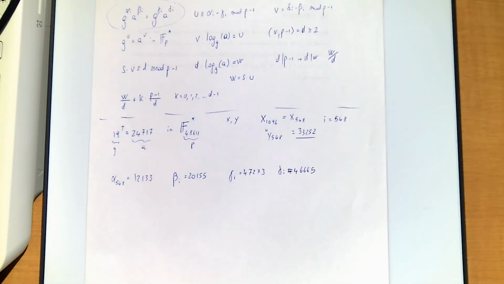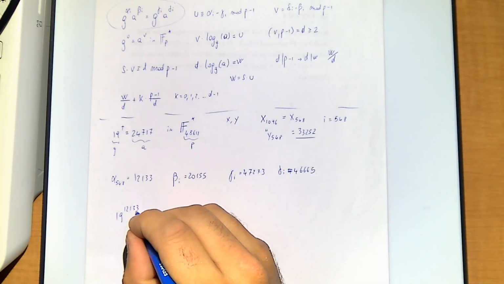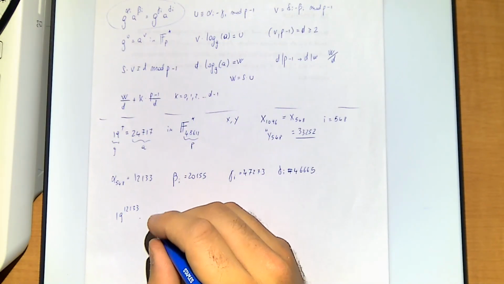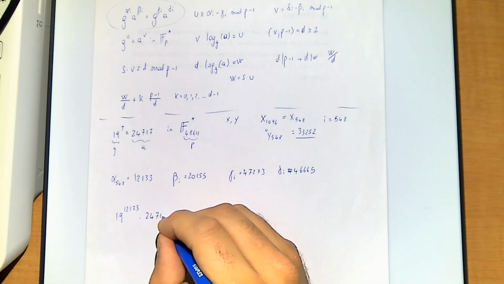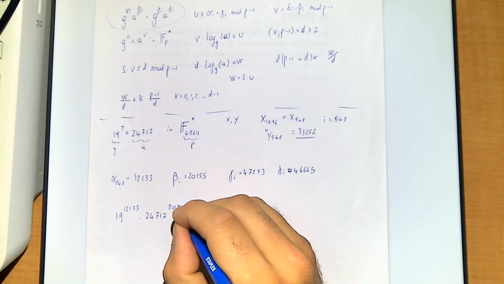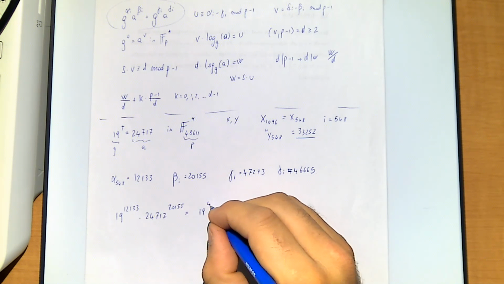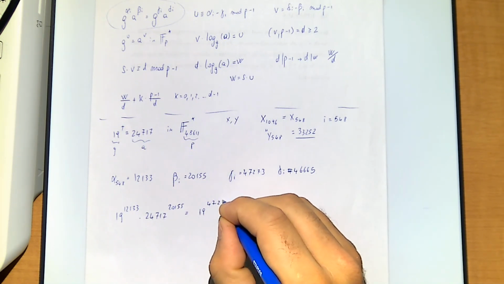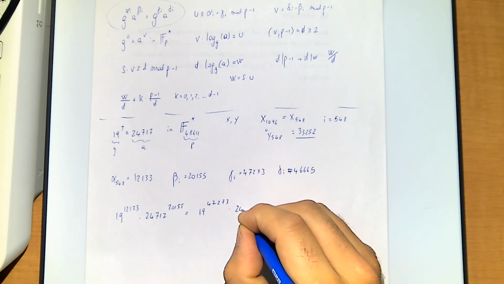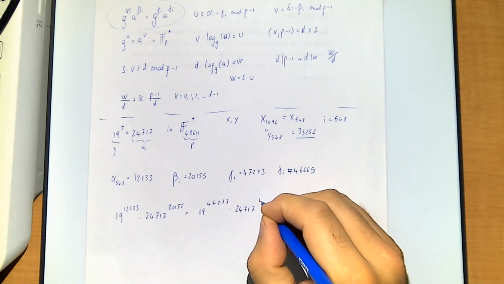Okay, these are my 4 exponents. I just have to finish. So I know that 19 to the power of this times 24717 to the power of this is going to be equal to 19 to the power of this times 24717 to the power of this.